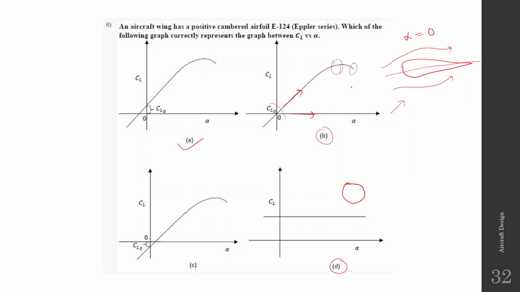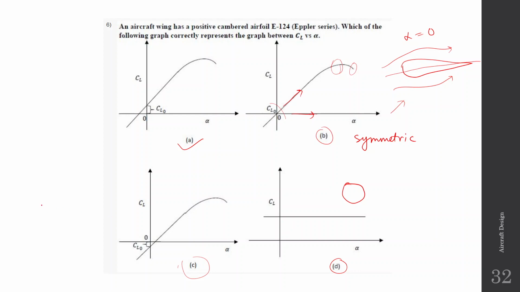So the CL falls down. So this is a graph of a symmetric airfoil. And now this is probably the graph of a negatively cambered airfoil.